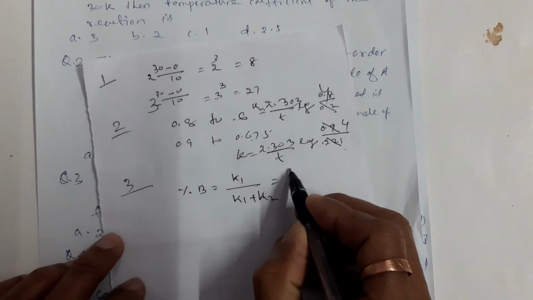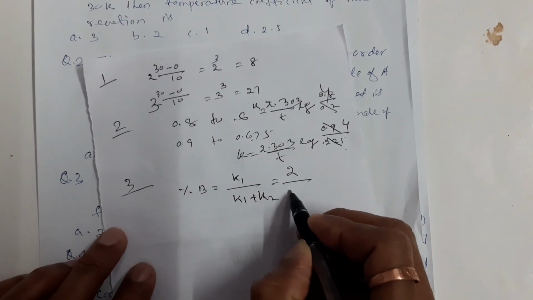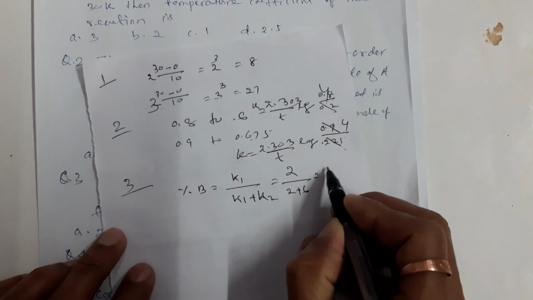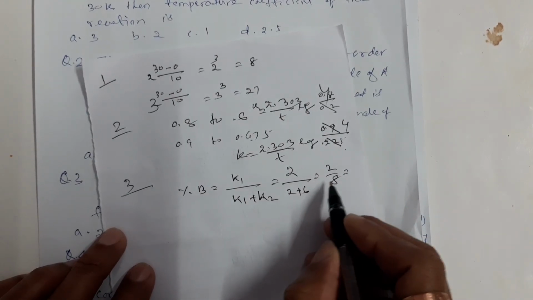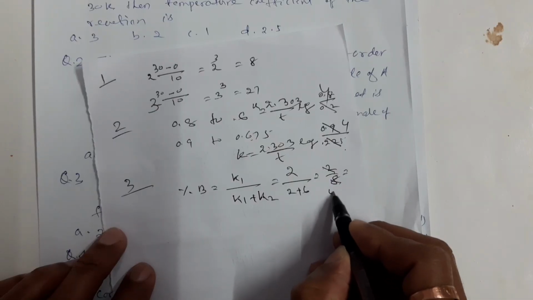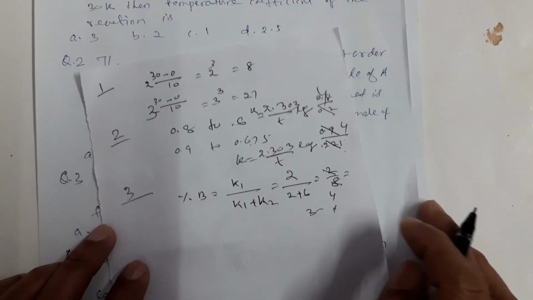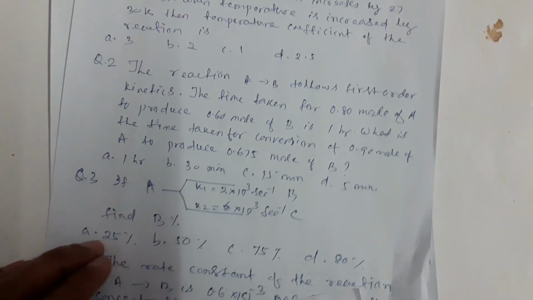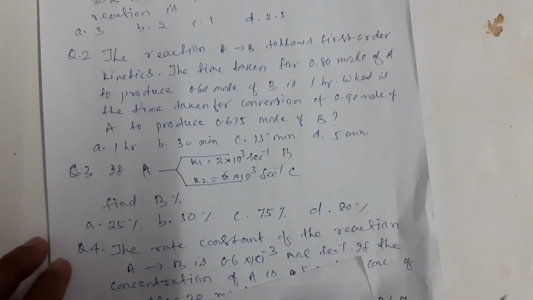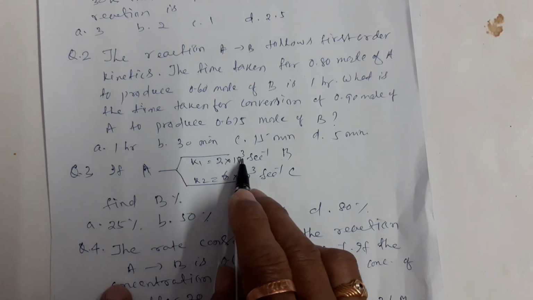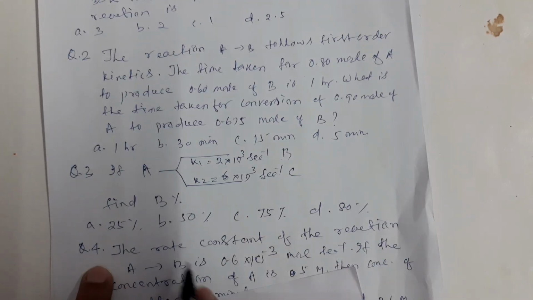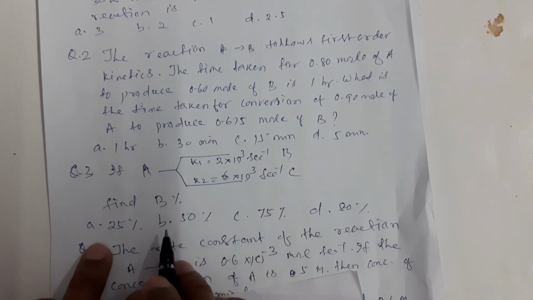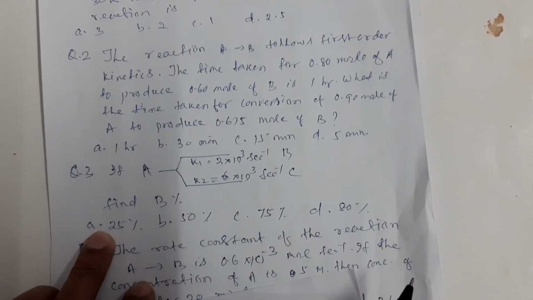So this is 2 by 2 plus 6, that is 2 by 8, which is 25%. This is 10 to the power, this is 10 to the power, so this is 2 and this is 6. So answer A is the correct answer.